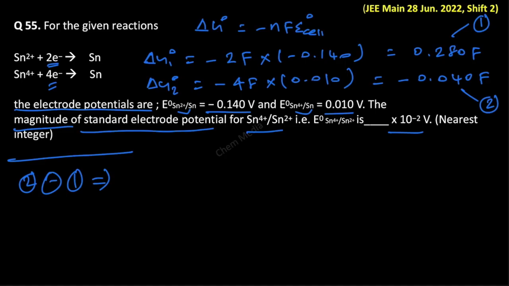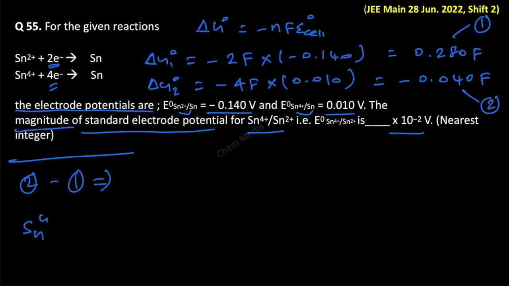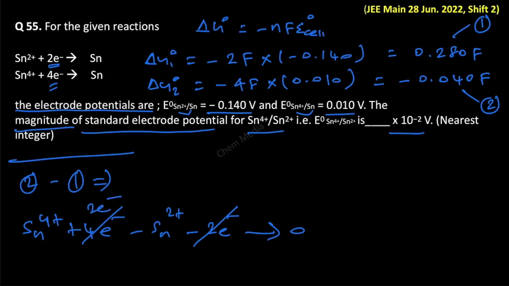In that case we can write that tin 4 plus plus 4 electrons minus tin 2 plus minus 2 electrons. On the right hand side it would be 0, but then this would become 2 electrons. So let us send tin 2 plus to this side. Therefore tin 4 plus gaining 2 electrons becoming tin 2 plus.